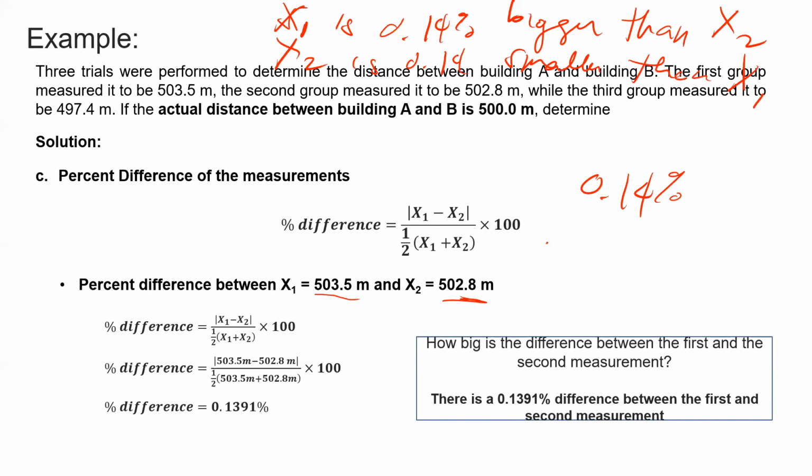And you can also compare others. For example, may x of 3 tayo. You can also compare it to any of these experimental values. So take note, percent difference tells you how large or how small is an experimental value compared to other experimental values. That's why it is a measure of precision.